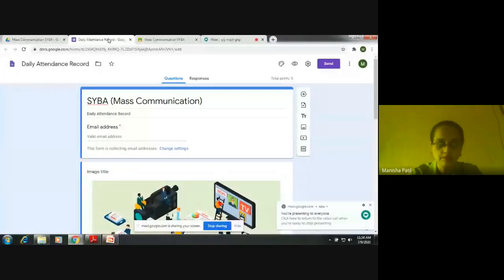This is your form. You have to write your email address. Now, one request to all the students, please make your email address with your official name. For example, my email address is manisha@gnclc.org. So my name is Manisha, and so my email address is by my name. Some of you put some random number or some random digits. Please don't do that. We should be able to identify you.